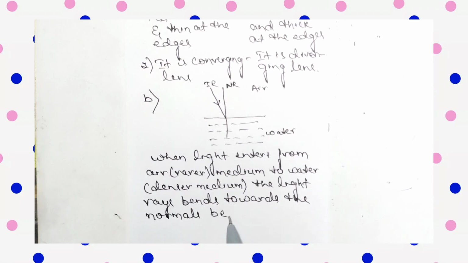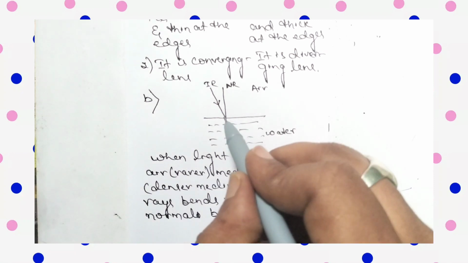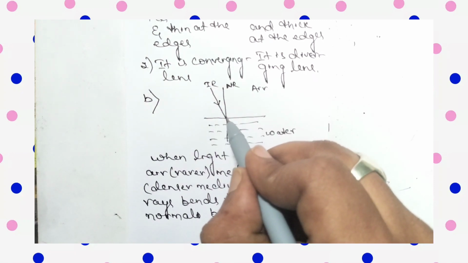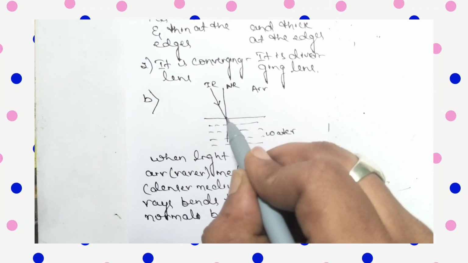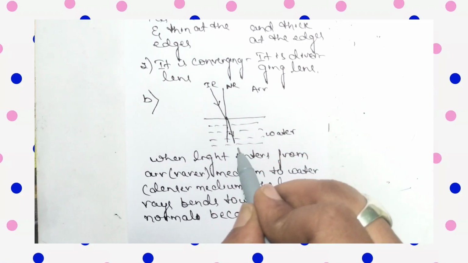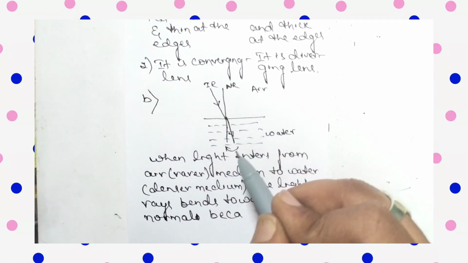Because, look, this is the normal, the light ray will bend towards the normal, the light ray is bending towards the normal.